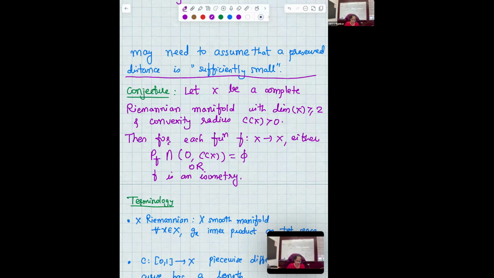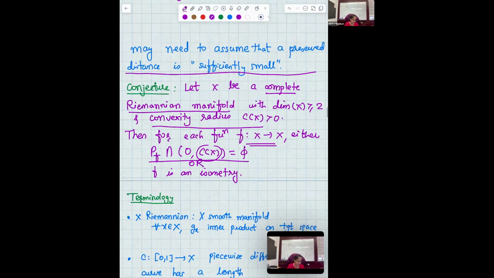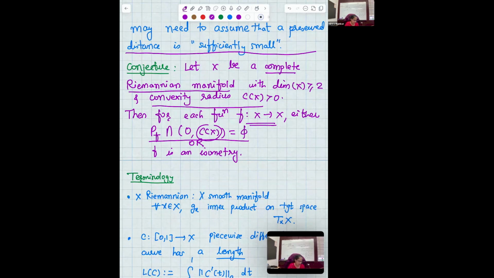if you take X a complete Riemannian manifold, and I'm going to quickly review some of the terminology, with dimension of X bigger than or equal to 2, and some notion of convexity radius, if it is bigger than 0, then for each function f, either you have this set empty, and remember this pi over 2 in a sphere is actually the convexity radius of a sphere, which I will explain in a minute, or f is an isometry.